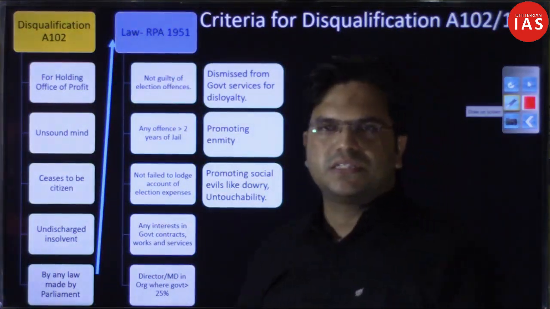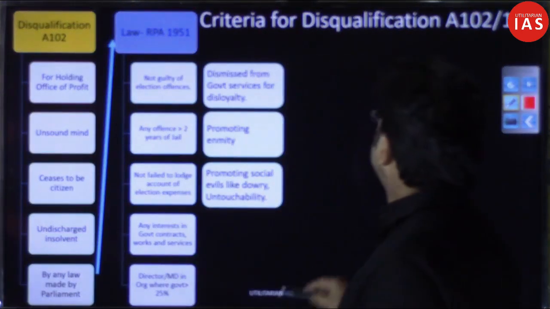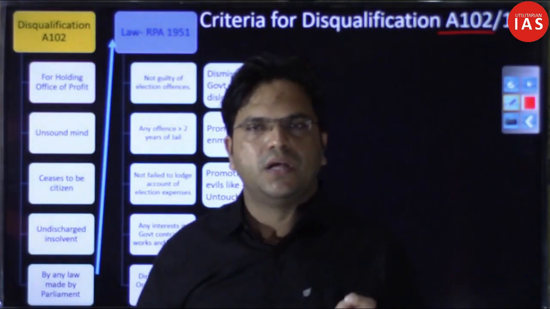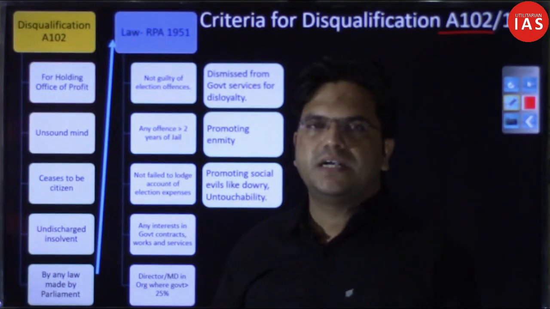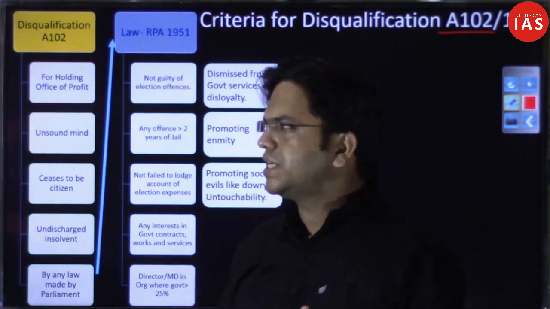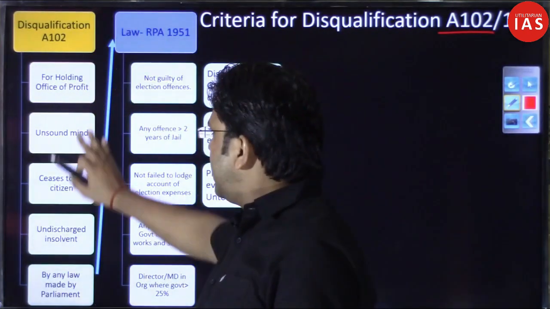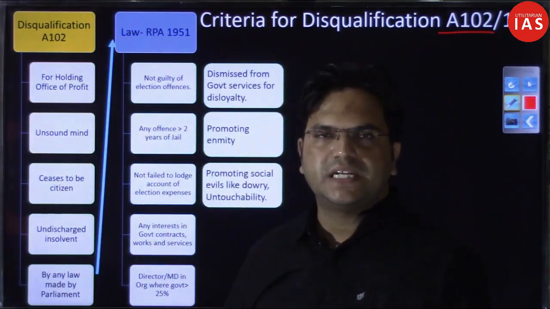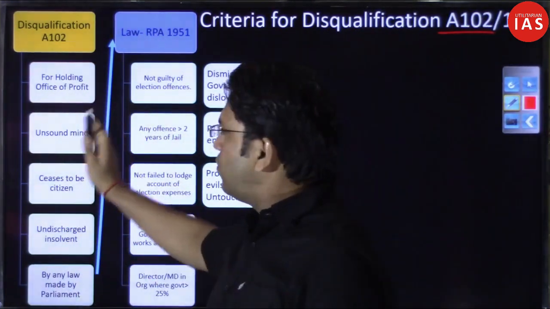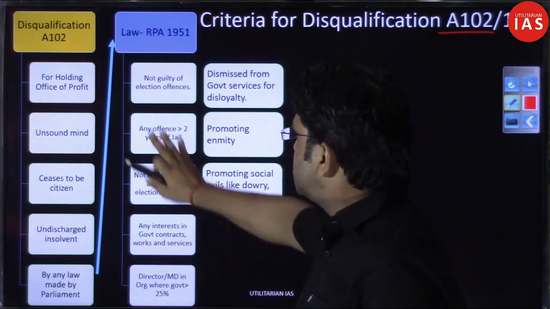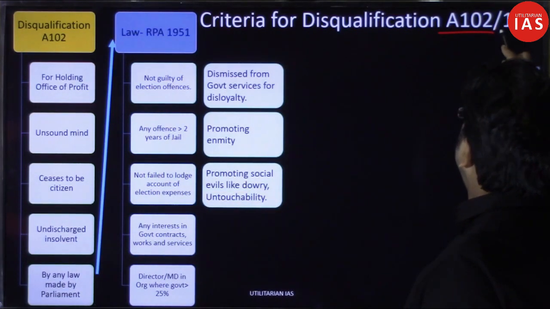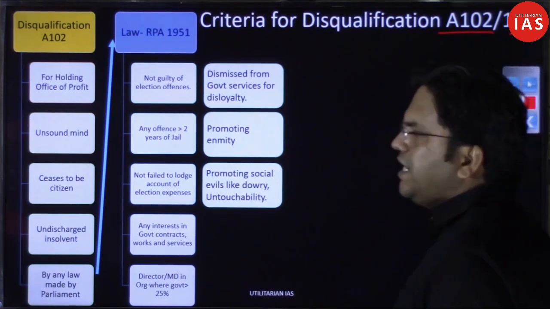Again, I will not discuss the disqualification norms in detail, because under Article 102 the disqualification norms applicable for a Member of Parliament, similar norms an MLA will also be subjected to. So if an MLA is falling into any of these categories, if he is violating any of these norms, the MLA will be disqualified, and that has been mentioned in Article 191.